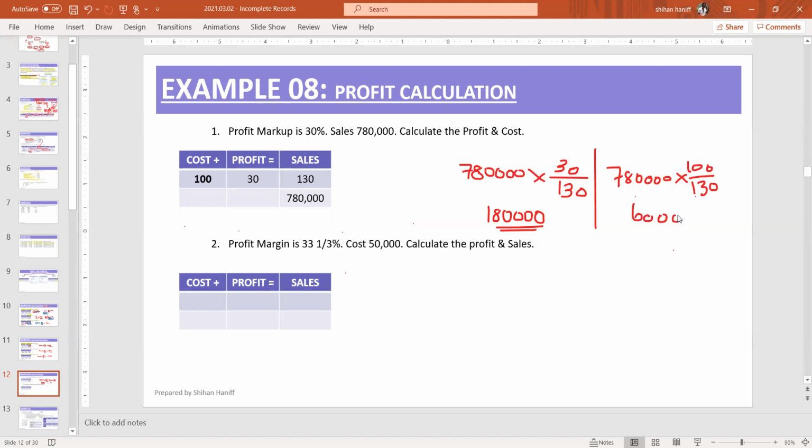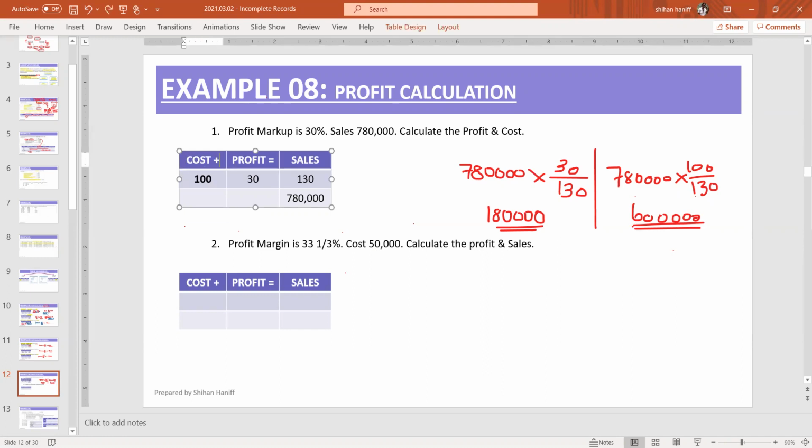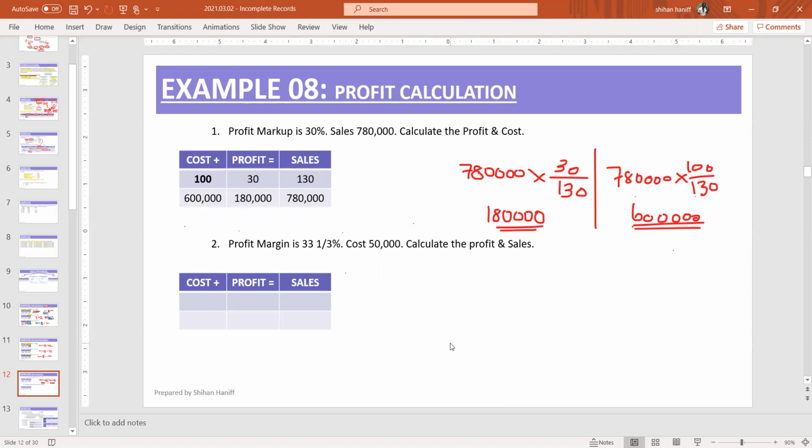So 600,000 into 30% is 180,000. So on cost, 30%. That is the answer for the second one.